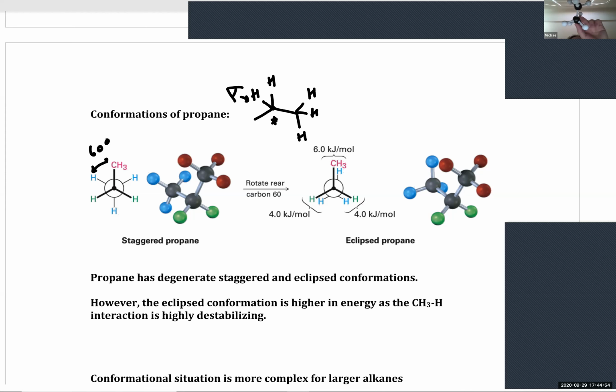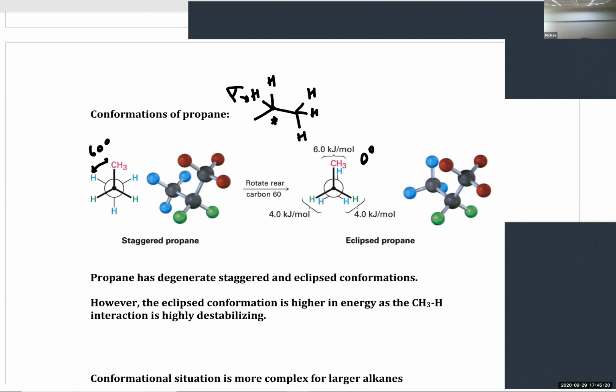Does everyone see how there is now a 0-degree dihedral angle between our substituents? How this methyl group and this back hydrogen are directly aligned. We have a 0-degree dihedral angle. Does everyone see that?